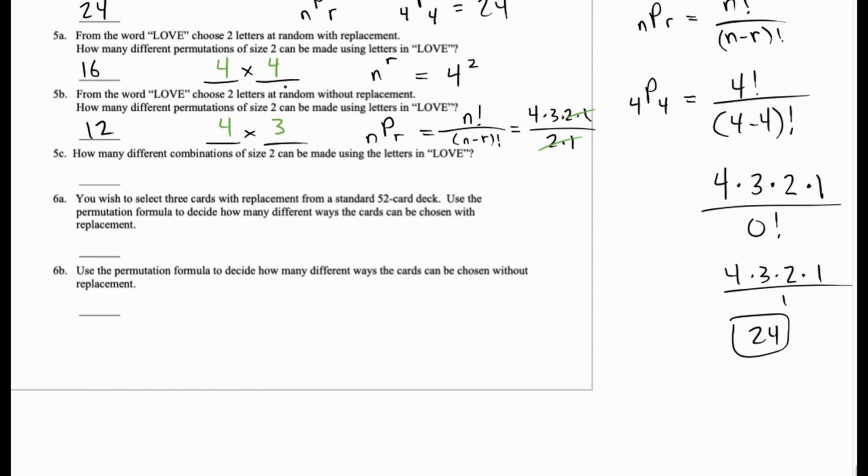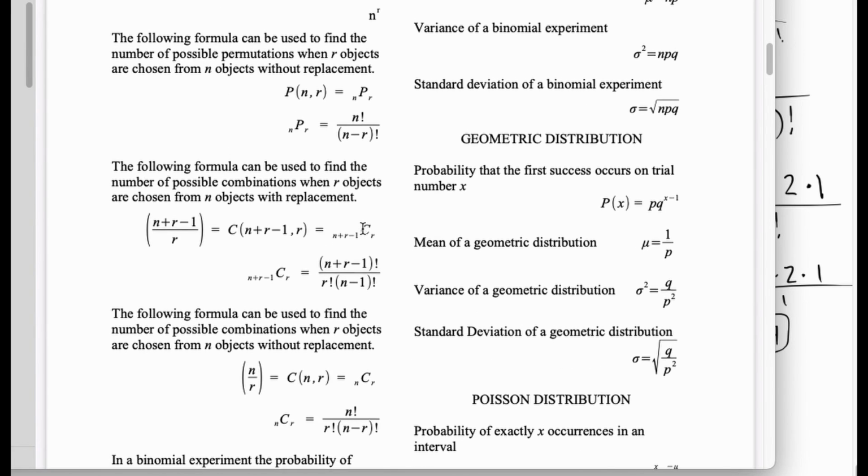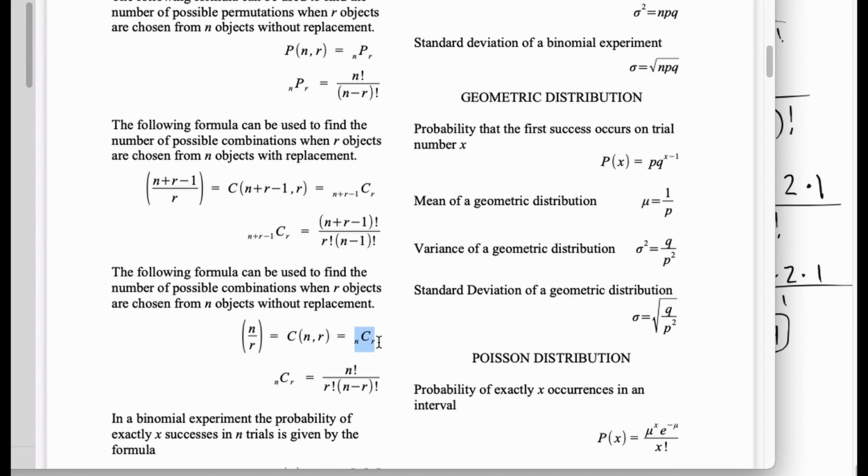Alright, next it asks about combinations. How many different combinations of size 2 could be made using the letters? Now, if it's without replacement, the formula sheets say to do just nCr.